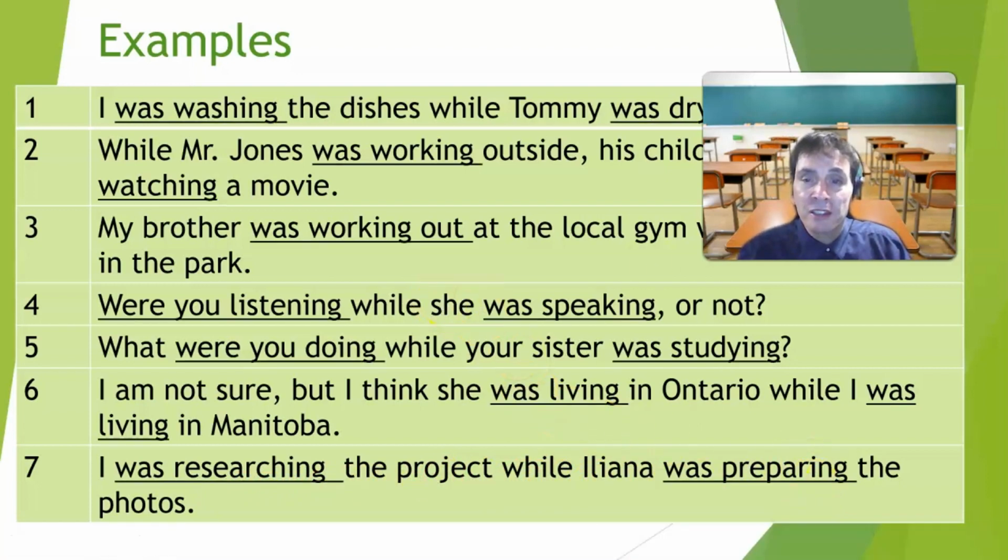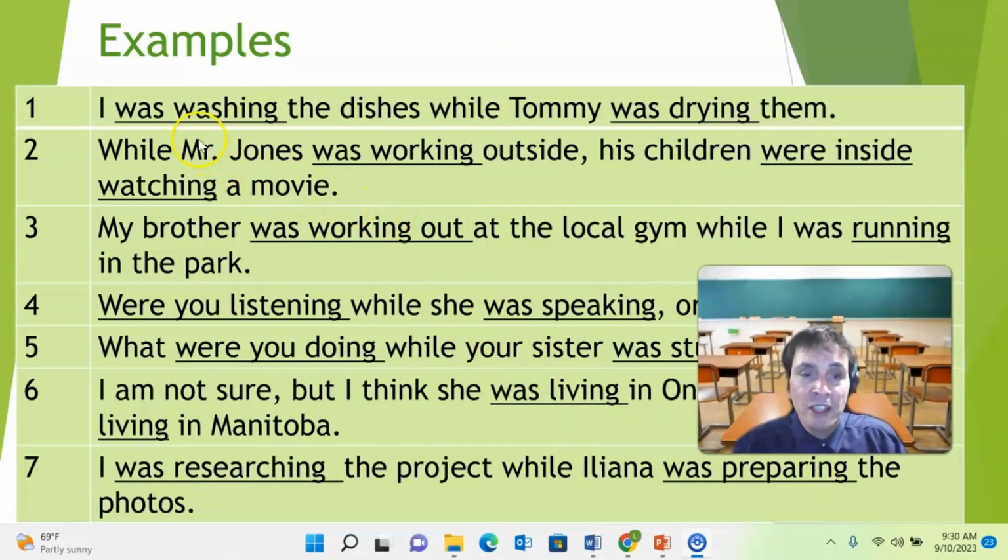So when we look at these examples, we can see that there are two ongoing actions that were happening in the past. I was washing. Tommy was drying. Mr. Jones was working outside. His children were inside watching a movie. My brother was working out.